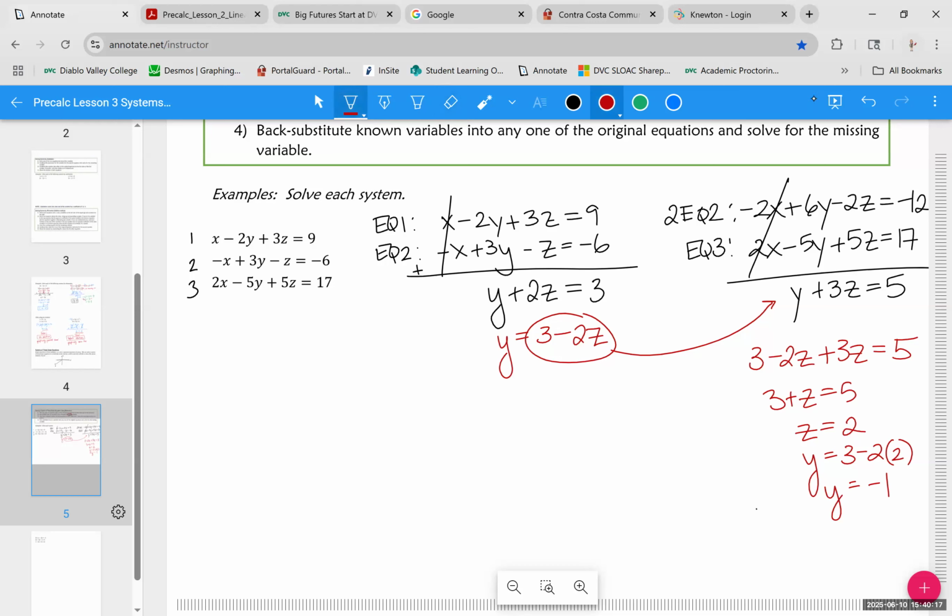All right, so I have two pieces of my ordered triple. I need to go all the way back to the beginning. One of the original equations, I'll just take the first one and plug in the y that I know. Y is -1, plug in, oh, see, I already did something wrong.